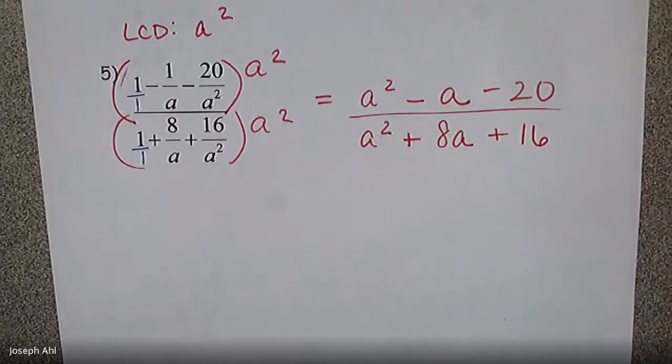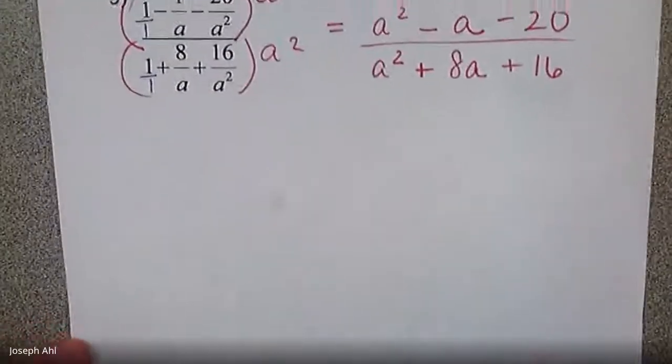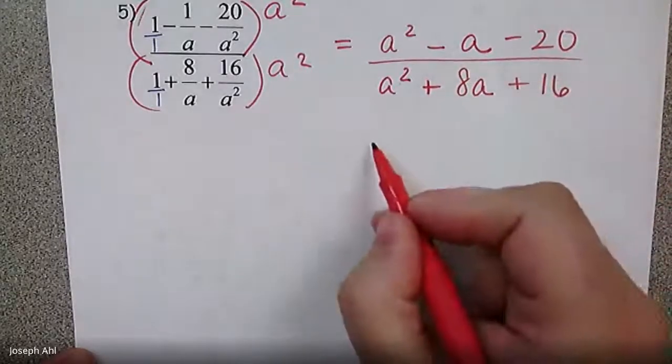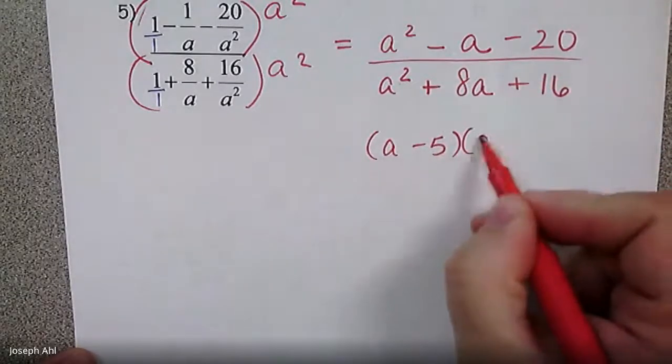And then, of course, we're going to stop here and ask ourselves, can we go any further? Can we factor the numerator and/or the denominator to simplify this fraction? These are, I would say, pretty straightforward trinomials that we can factor. We want things that multiply to negative 20 but add to negative 1. That's going to be a minus 5, and then a plus 4.